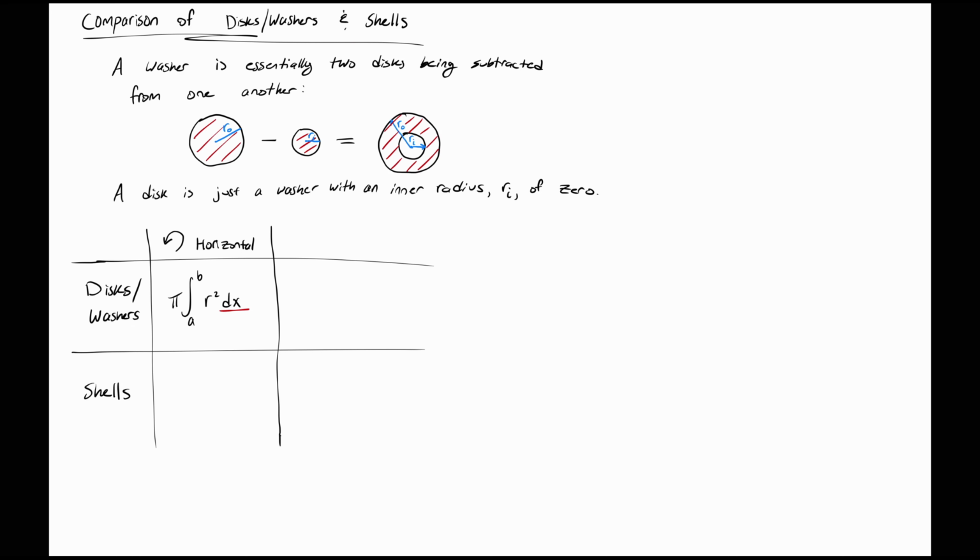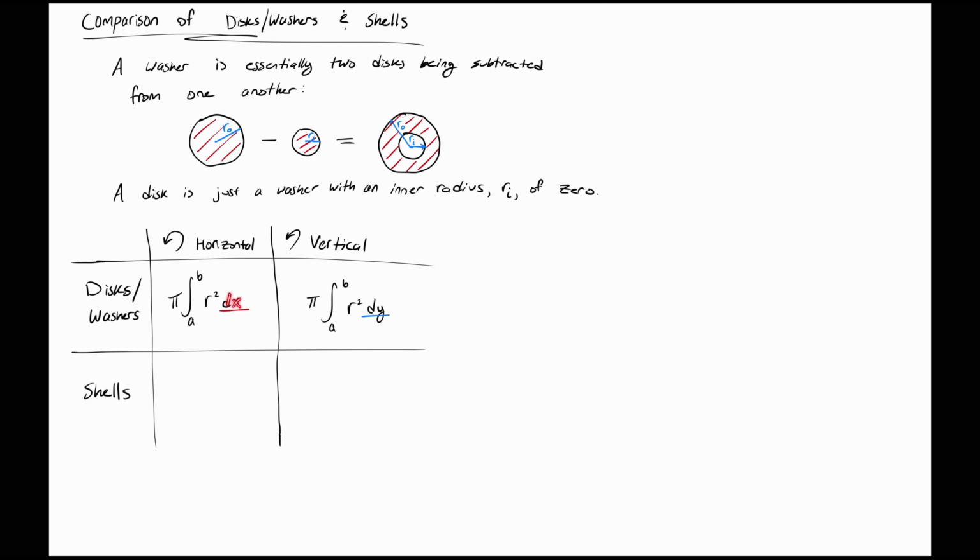But if we're rotating about a vertical axis, then our formula is pi times the integral from a to b of radius squared dy. What's really important here is this tells you what you need in your integrand.